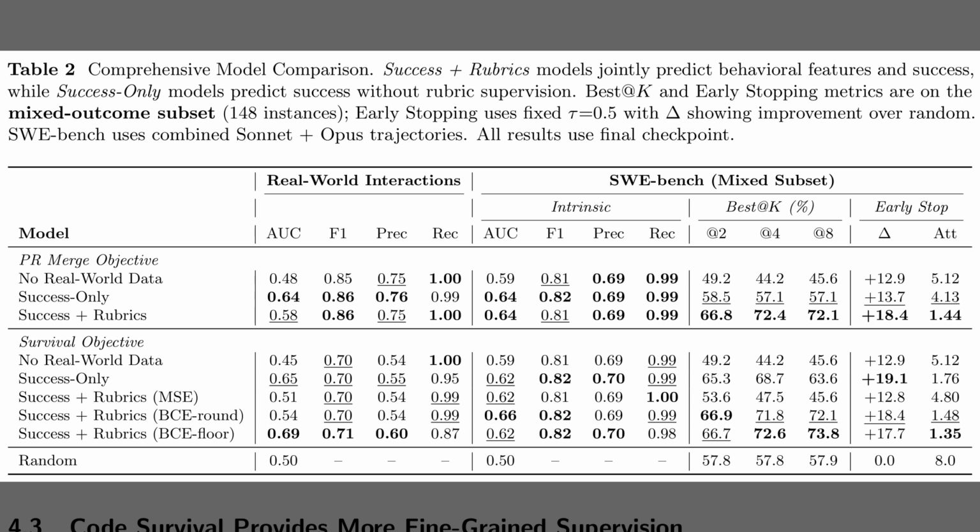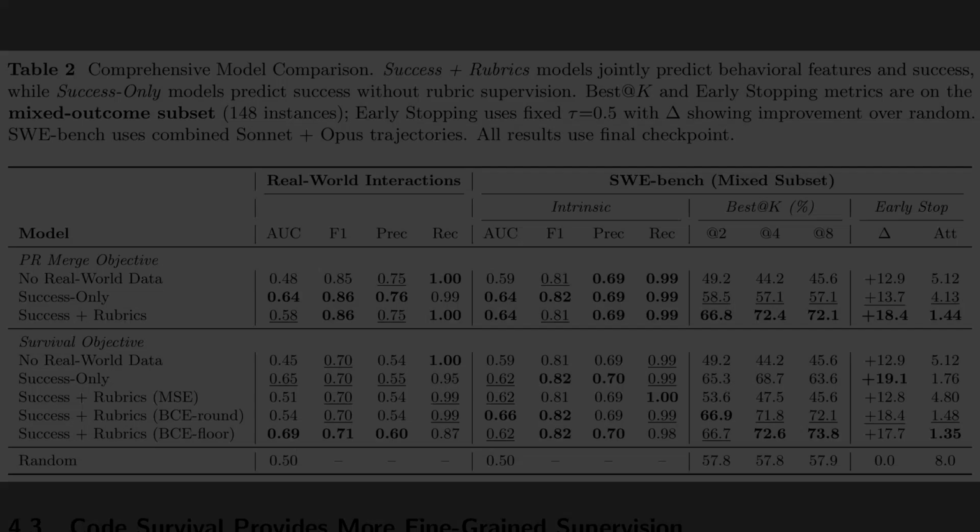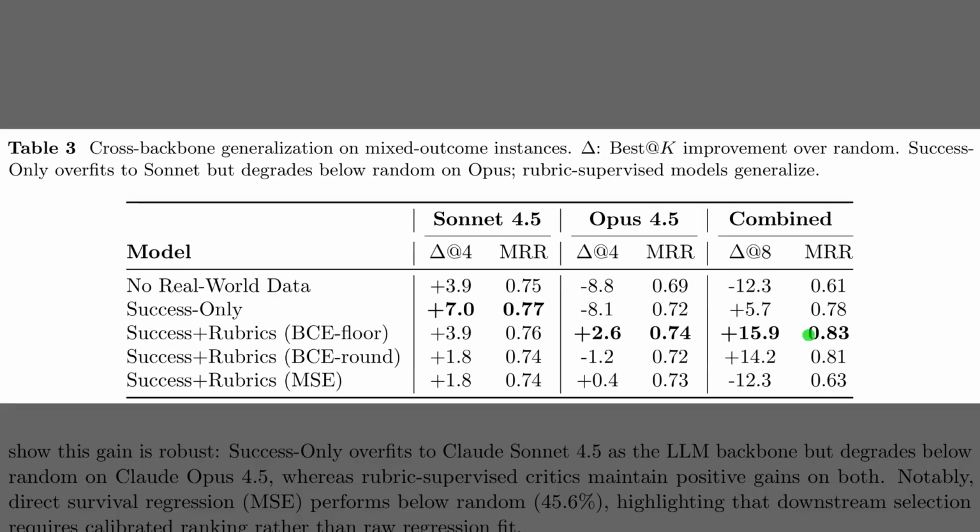On the SWE-bench dataset, this rubric-supervised model achieves a best at 8 score of nearly 74%, which is a massive leap over the 58% random baseline. It also excels at early stopping, requiring only 1.35 attempts on average, compared to 8 for random selection, saving a tremendous amount of compute.